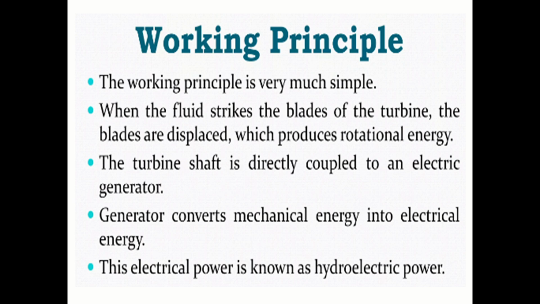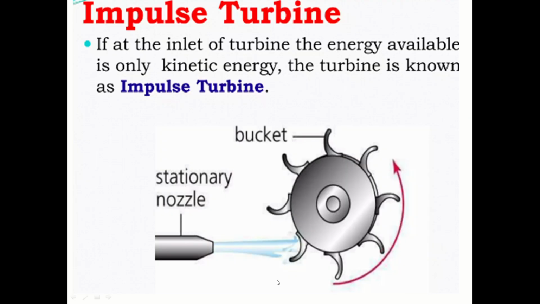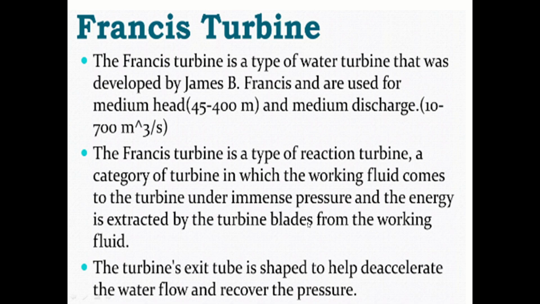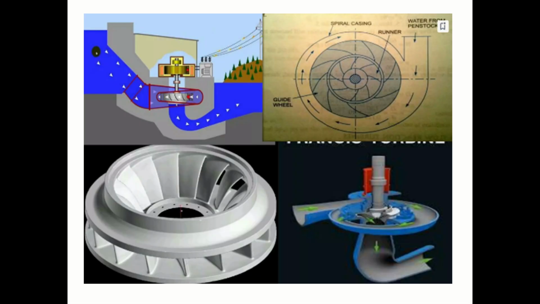This is very, very important to understand. And I have already told you two types of shaft position. In Pelton wheel, the shaft position is horizontal. You can see here. Whereas in reaction turbines, that is Francis turbine and Kaplan turbine, the shaft will be vertical. This you have to understand and remember very carefully.